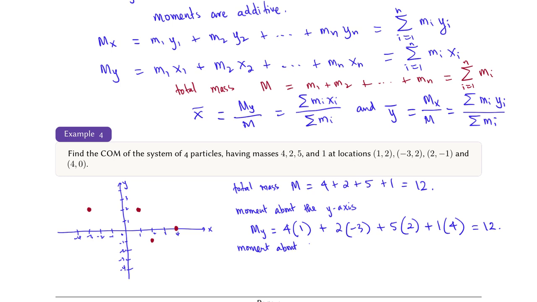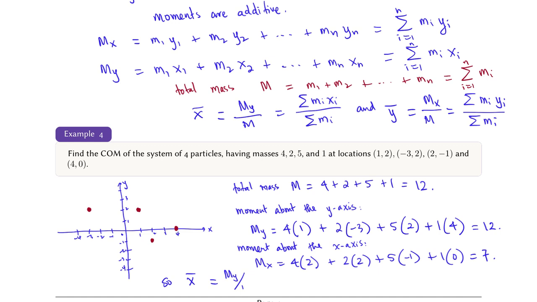The moment about the x-axis is the sum of the product of the mass and the y-coordinate. And so the mass times the corresponding y-coordinate. And so the moment about the x-axis is 7. So x bar equals My over m.